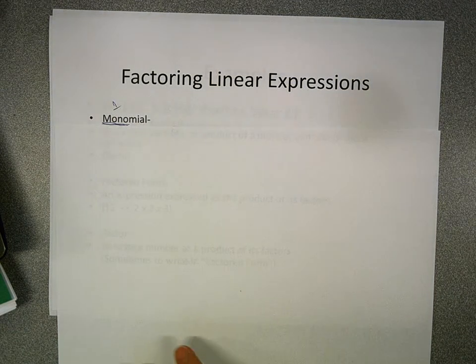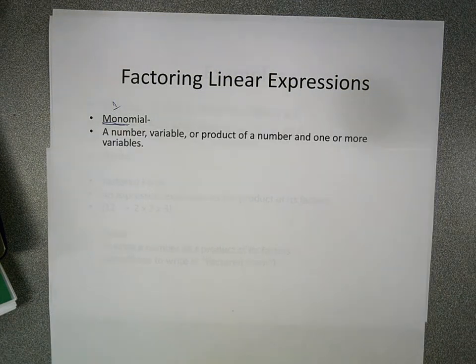Here's what your book says. It says a monomial is a number, variable, or product of a number and one or more variables. If that definition doesn't look familiar, let me remind you what this is. It's a term.